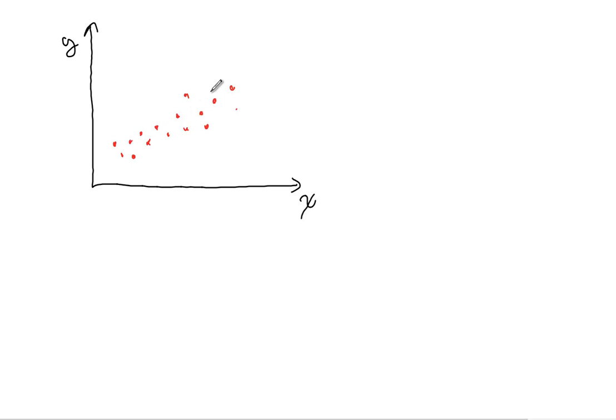And so this right here is positive, because what happens is as the independent variable, the x-axis, so this is our independent variable, whereas remember our y-axis is our dependent variable.